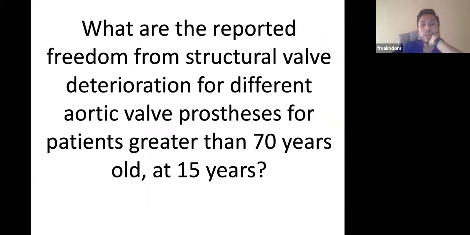Okay, so when you talk about a patient who's coming for aortic valve replacement, again, that 70-year-old patient that we talked about earlier, you convince him that he needs aortic valve replacement, and then you talk to him about options of prostheses, right? Mechanical versus biological valve.